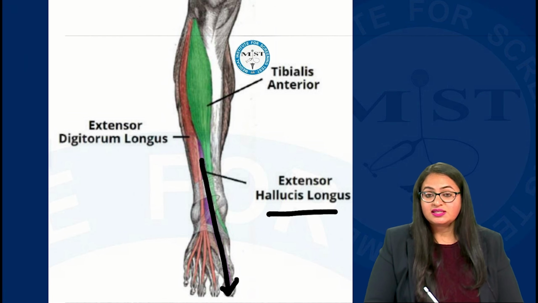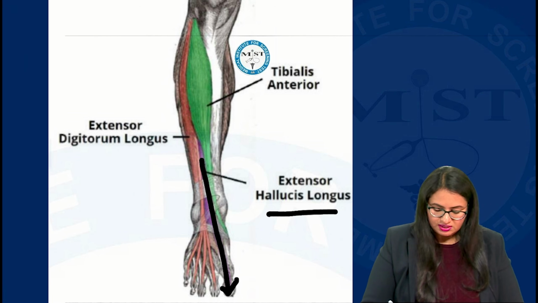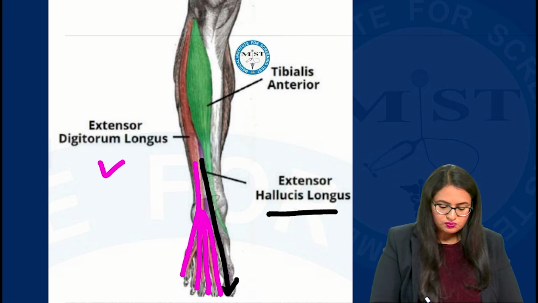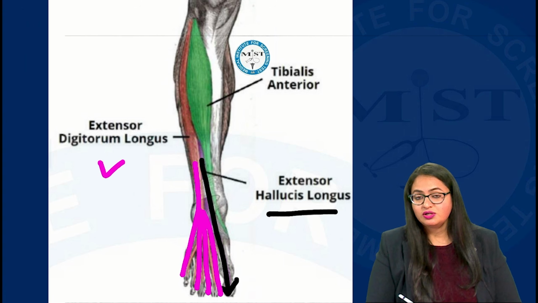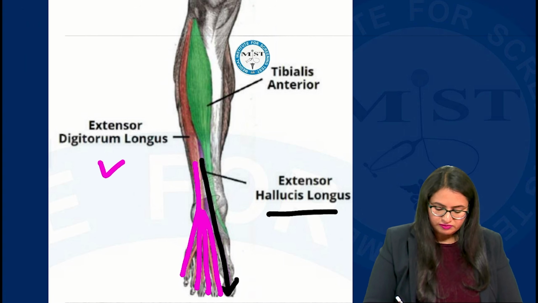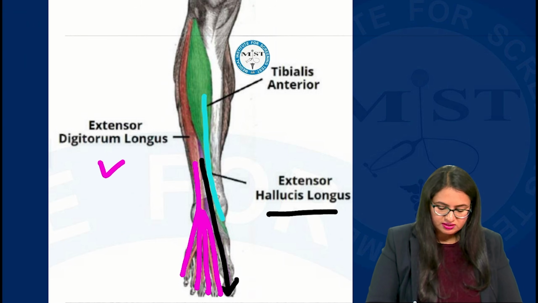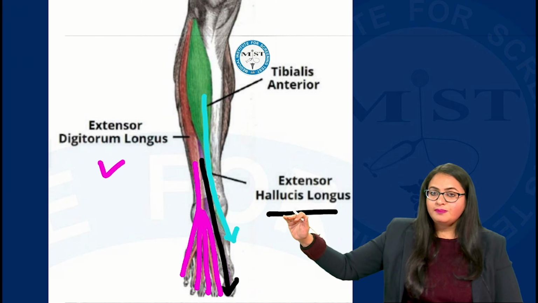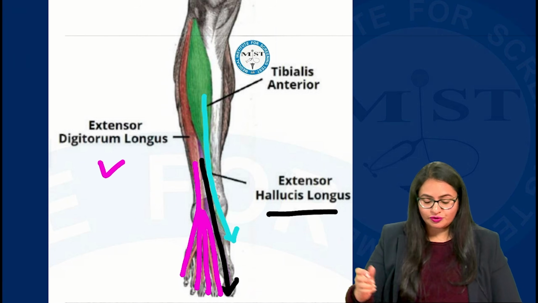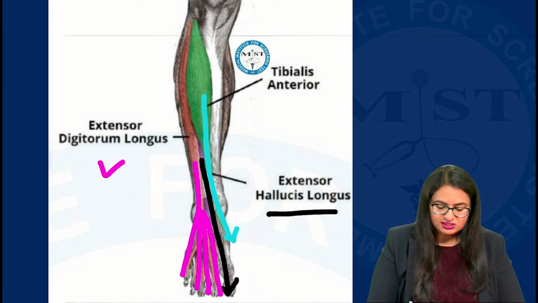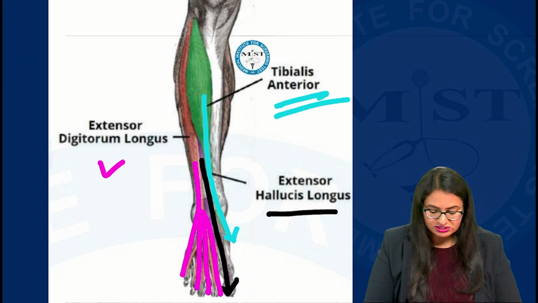So this is extensor hallucis longus, and if the tendon is going toward the other toes, this will be extensor digitorum longus. Then if we trace this green colored muscle over here, the tendon is going till this point only. So it is ending in the middle of the foot. So this muscle is tibialis anterior.